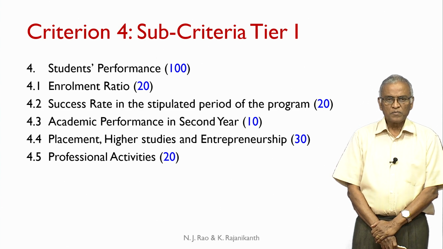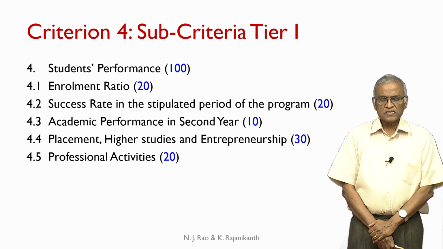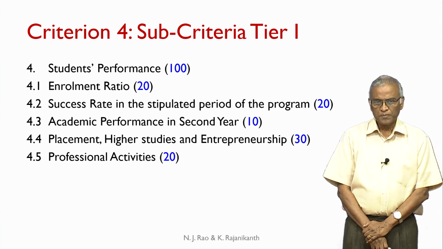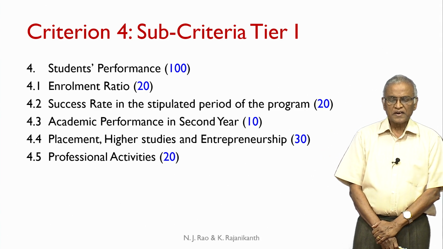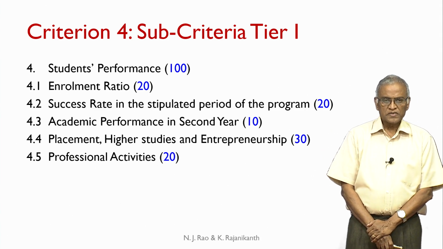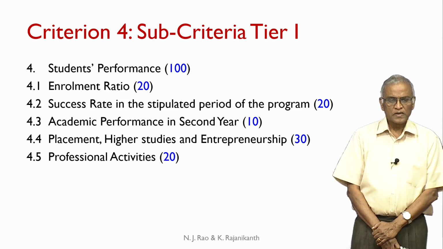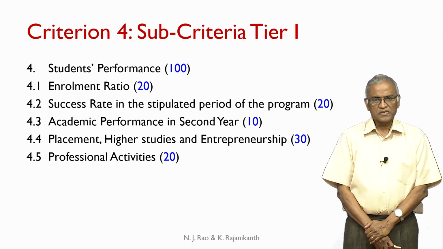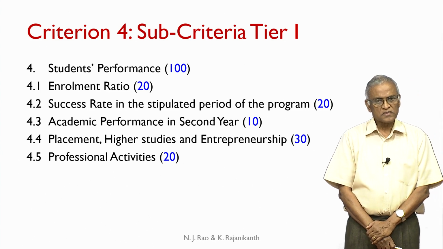And here enrollment ratio is 20, success rate in the stipulated period of the degree program is 20, academic performance in second year 10, unfortunately academic performance in third year was not included in that. Then you have placement, higher studies and entrepreneurship 30, professional activities is 20.